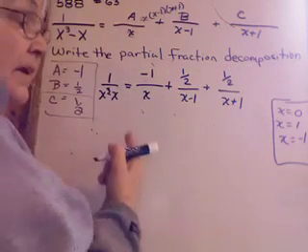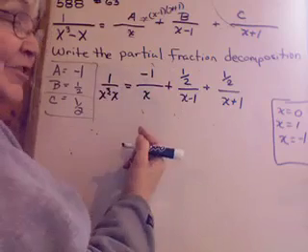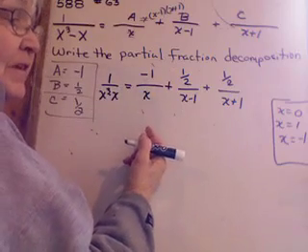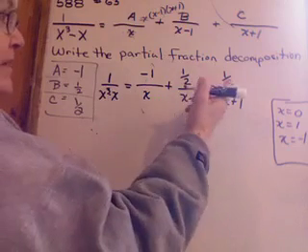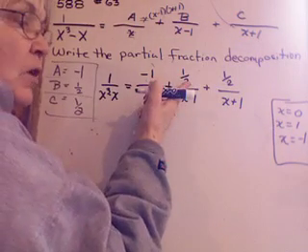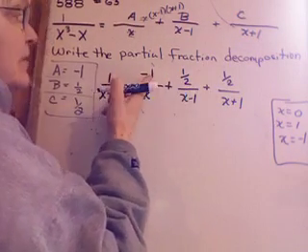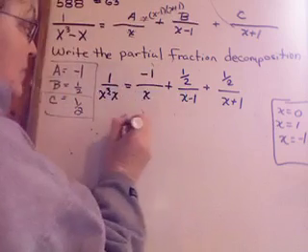Now, you know you can't leave the answer like that, right? Because I have a fraction within a fraction, complex fraction, not cool. So what you can do is you can factor out a half. If I take a half from here, leaves a 1, take a half from here, leaves a 1, take a half from here, it leaves a 2. So let's do that.